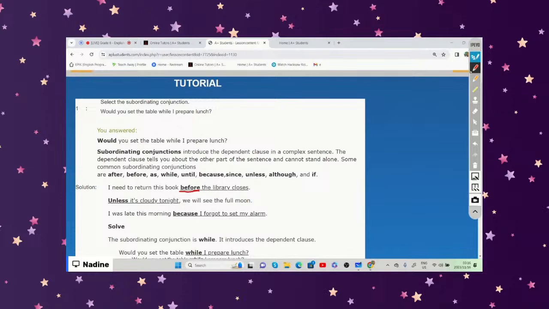So before is our subordinating conjunction, right? And it introduces the dependent clause, which means that before the library closes, that is our dependent clause.